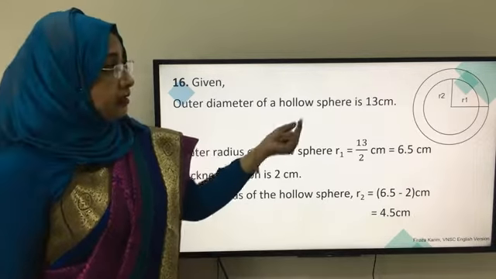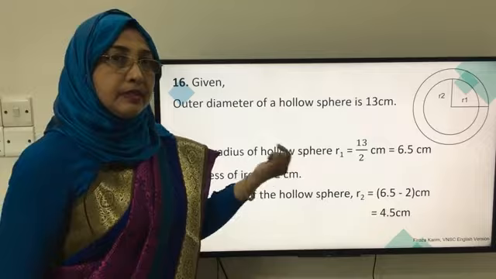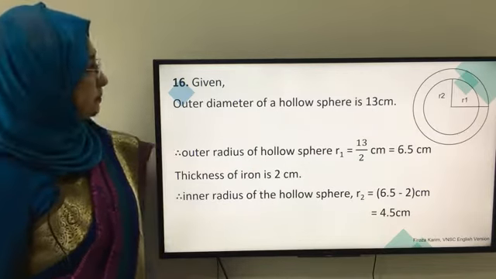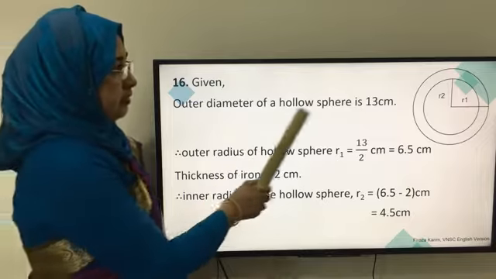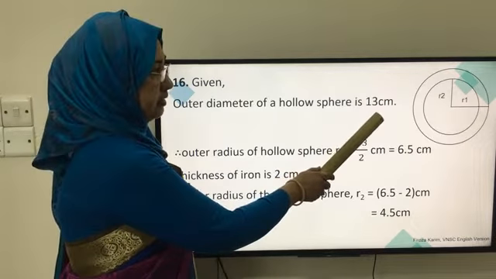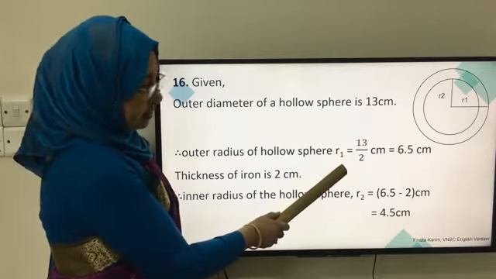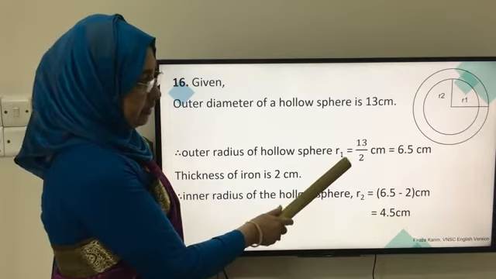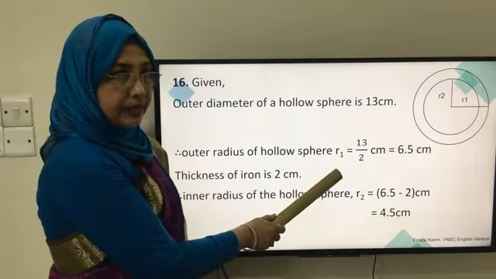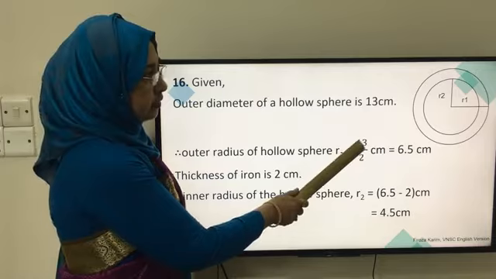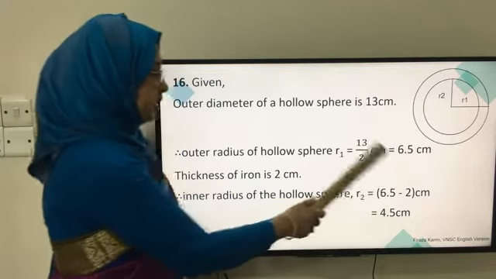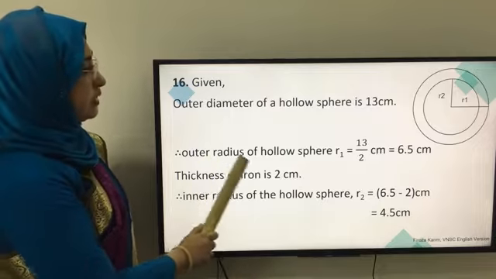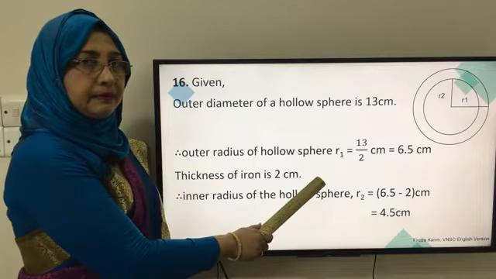Less by the thickness of the sphere. Okay, here we got the diameter of the hollow sphere, so we can find the radius of the hollow sphere, and we are denoting it by r1. Okay, r1 equals 13 by 2, that is 6.5 centimeter. This is the outer radius of the sphere.